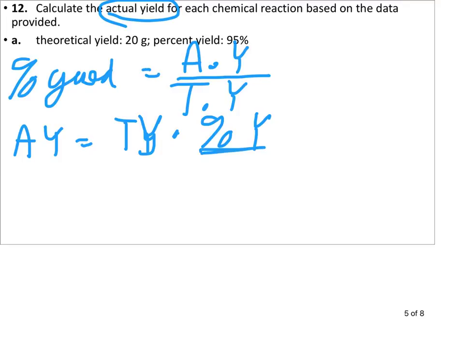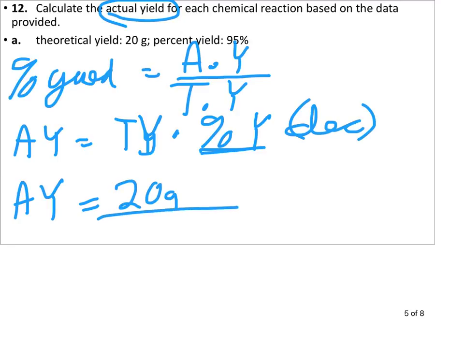And make sure this percent yield you get as a decimal. When you do the calculations, you always want it as a decimal. When we report it, we use it as a percent. So in this case, our actual yield is going to be 20 grams, and we're just taking 95% of that, or 0.95.